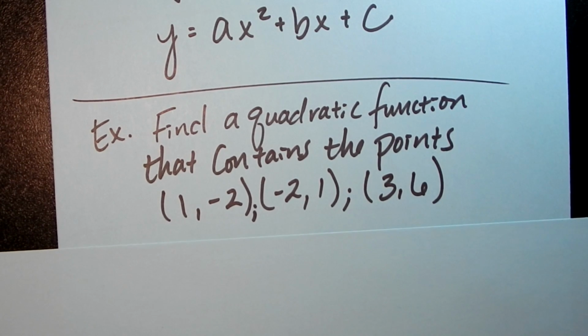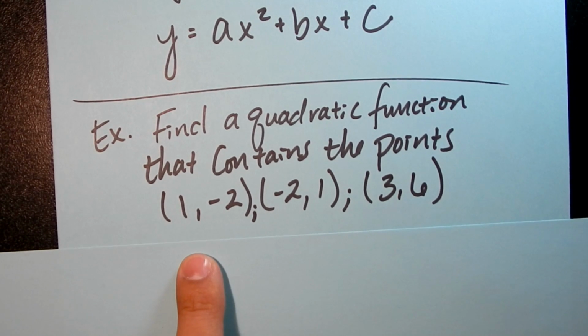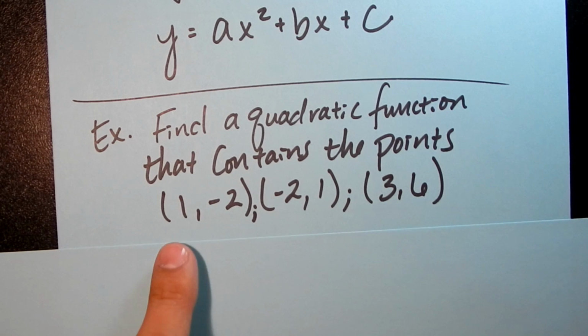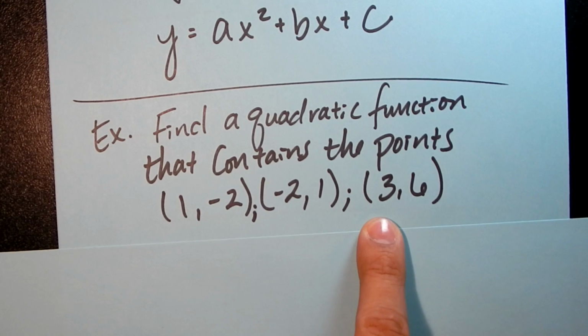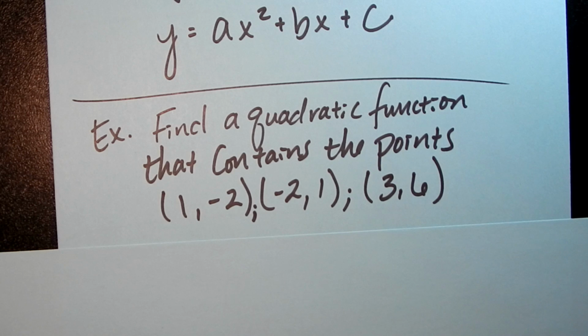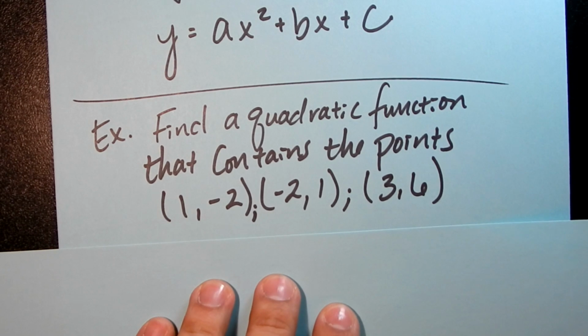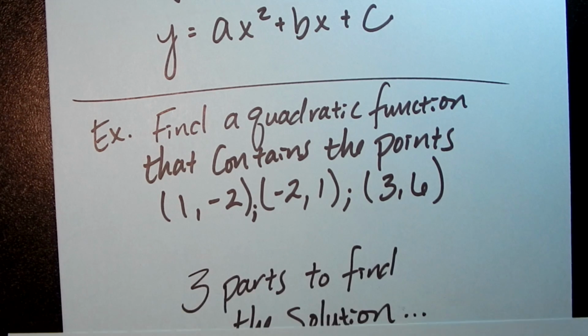One quick way, if you're working on a quiz or a test, because sometimes math teachers like to throw curveballs at students just to make sure they're paying attention, is to make sure that all of the x values are different first, because that's one way that we can quickly look at the problem and say whether or not it's solvable. In this case, this problem is solvable, so we are going to tackle this one.